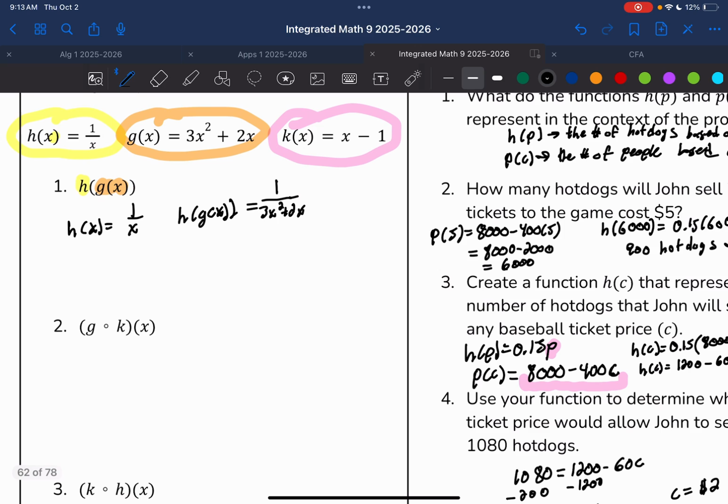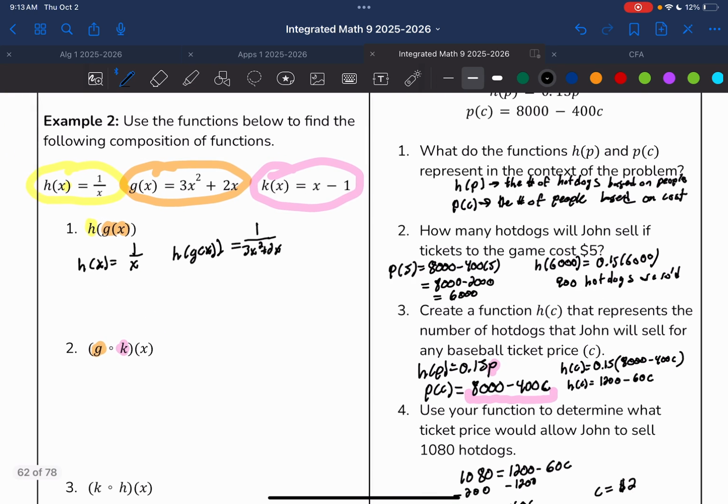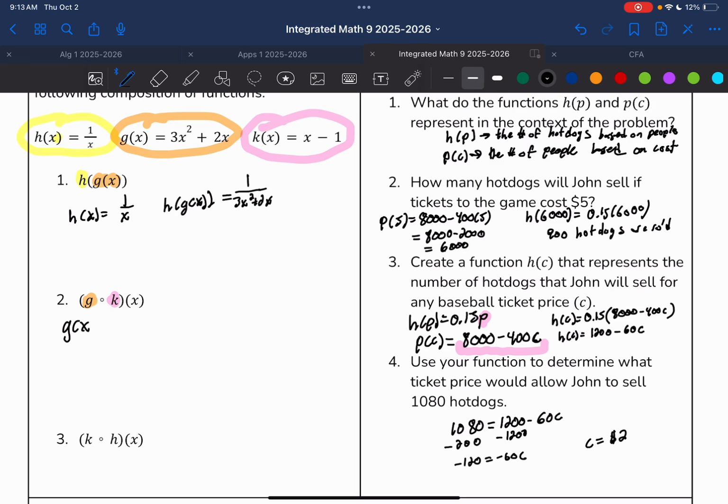All right, and now down here we have g of k of x. So similar thing. We have g of x is equal to 3x squared plus 2x, and k of x is equal to x minus 1.